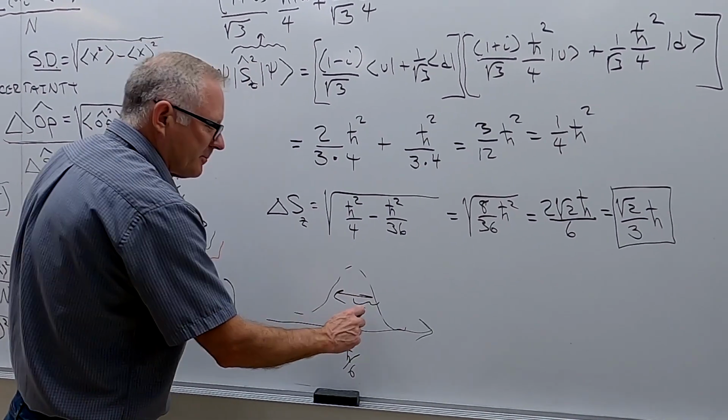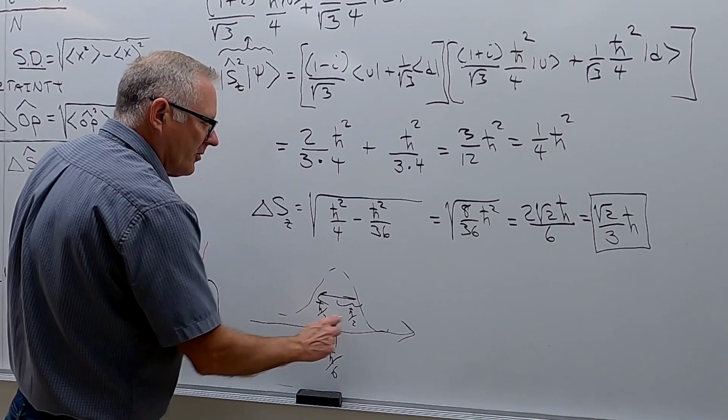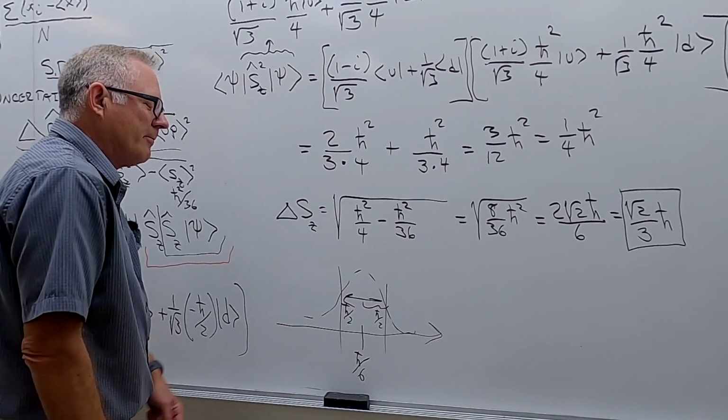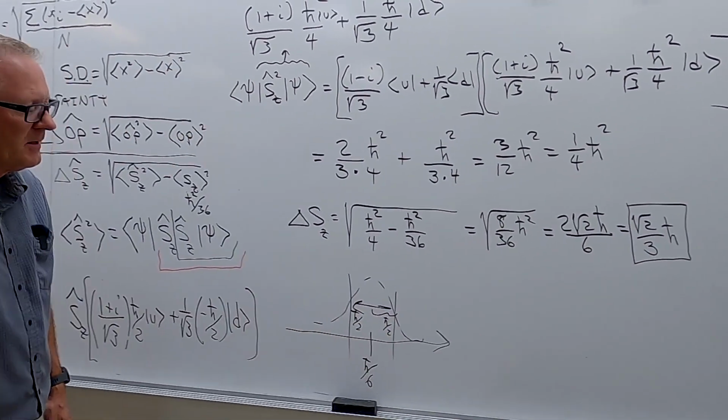This is h bar over 2 and h bar over 2. About 68% of them are within this range right here. So that's what they mean.